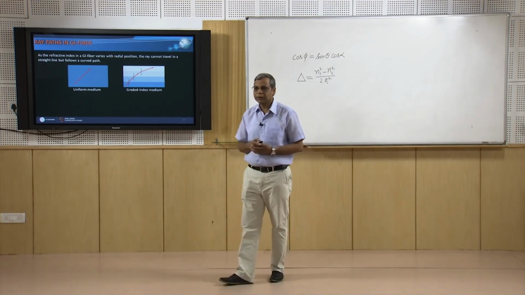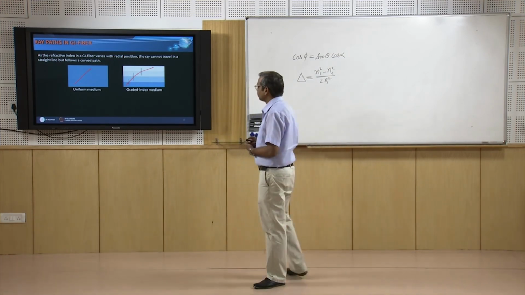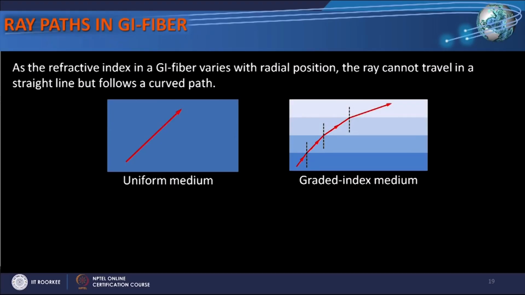How do the ray paths look in a graded index fiber? If I have a uniform medium and I launch a ray of light from here, it goes straight. But in a graded index medium, there is change in refractive index. Here the refractive index is larger, then is smaller, then is smaller, then is smaller. Then what happens is, if you consider an interface here like this, then it will move away from the normal, then here again away from the normal, here again away from the normal.